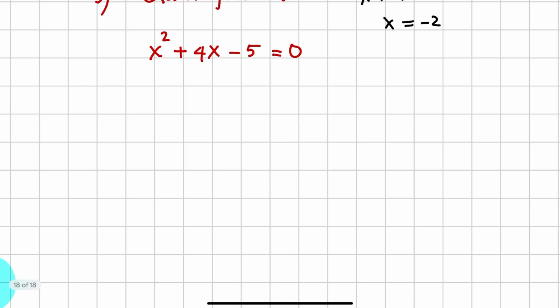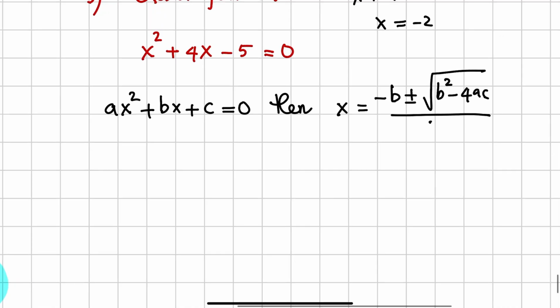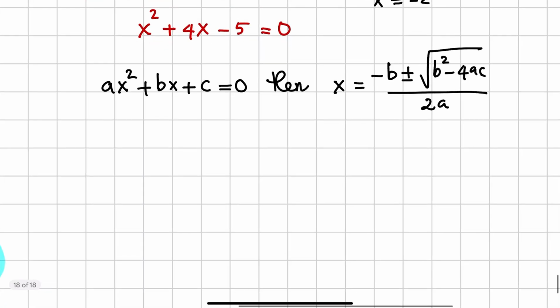If the equation is ax squared plus bx plus c equal to 0, then the root is x equals negative b plus or minus the square root of b squared minus 4ac, divided by 2a. You can apply that and you're going to find x equal to 1 or x equal to negative 5.